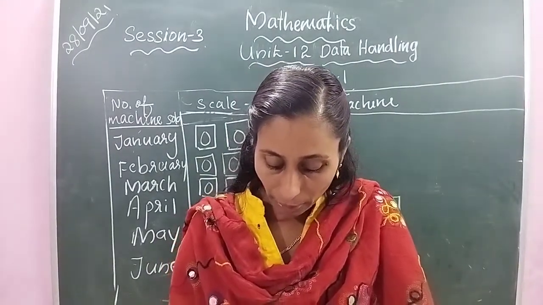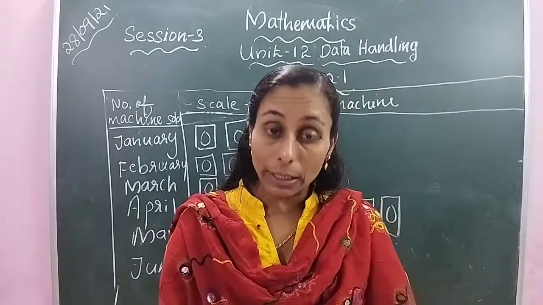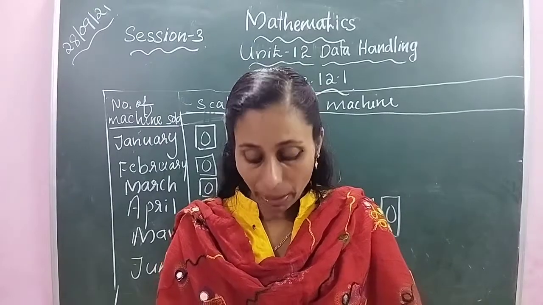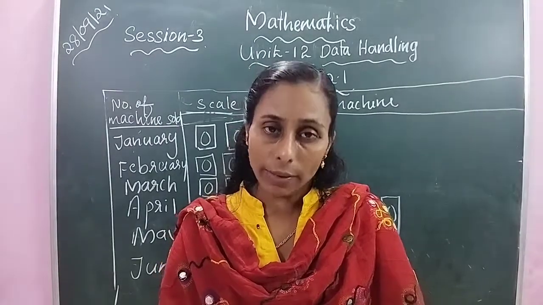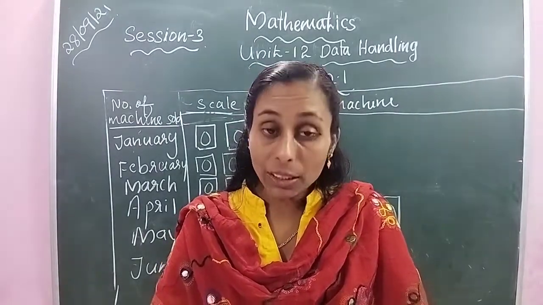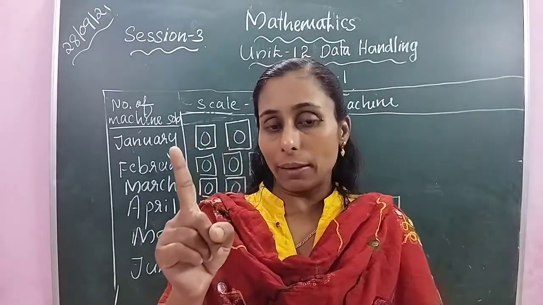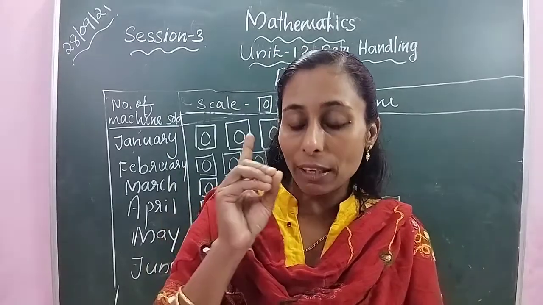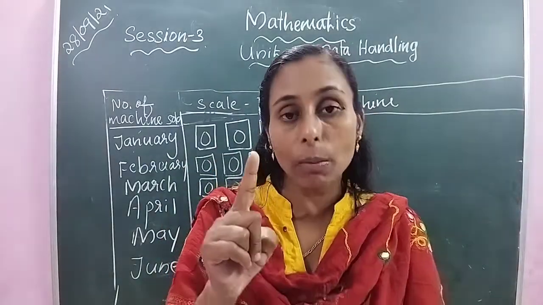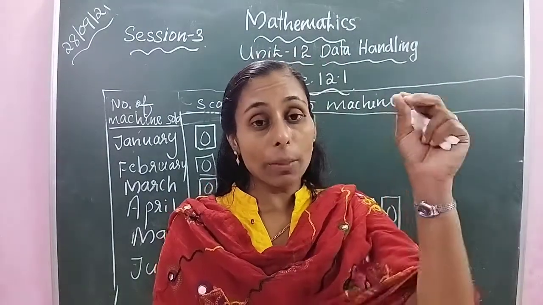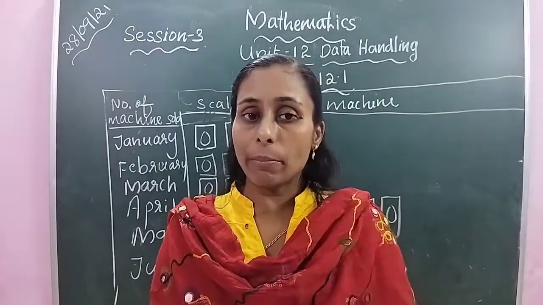Monday 40 burgers sold, Tuesday 30 burgers sold, Wednesday 60 burgers sold, Thursday 50 burgers sold, Friday 70 sold. But it is very difficult to show one symbol for one burger. If we take a scale of one symbol for one burger, maximum how many symbols should we draw? 70 symbols we should draw.